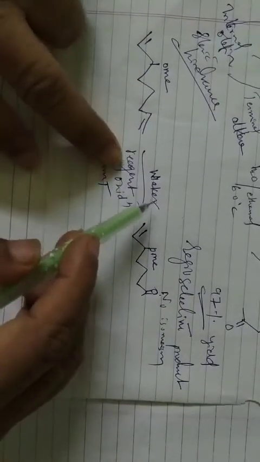So nothing is happening here, but at room temperature, Wacker's reagent with palladium chloride, copper and oxygen, this part is converted into ketone here.